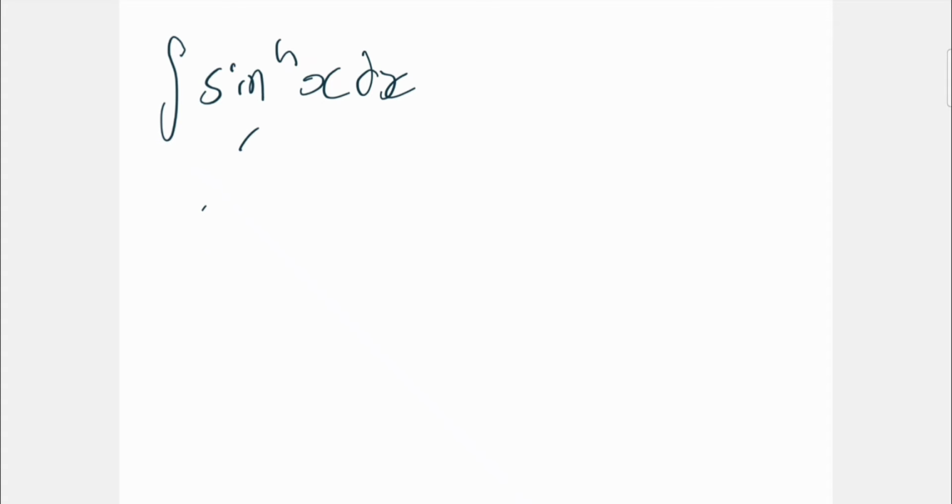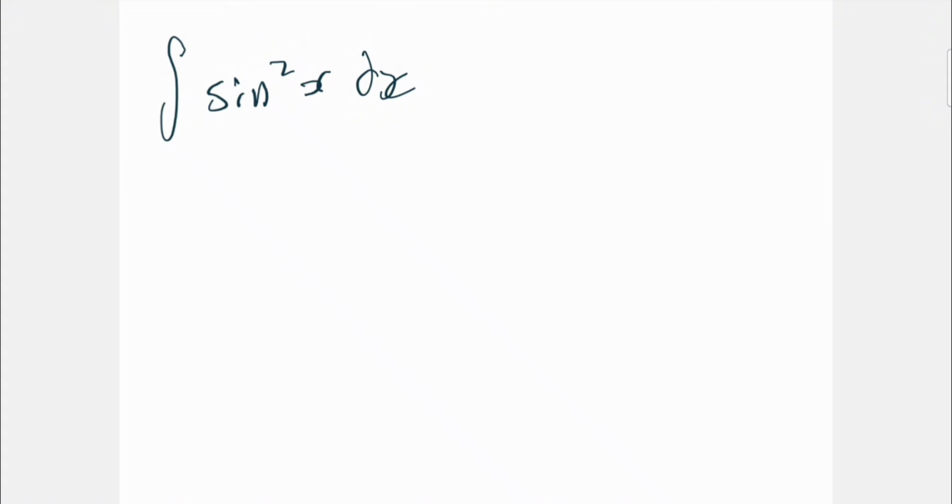This is going to be quite difficult to work out by itself in this standard form, but there is a way we can simplify this. Sine to the 4x is going to take a really long time, so we'll just do sine to the 2x for this example.